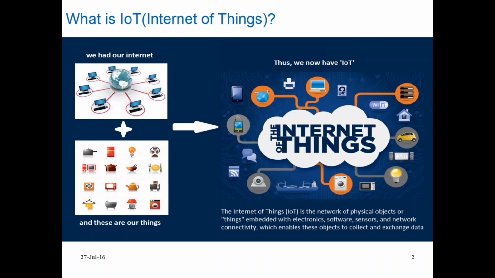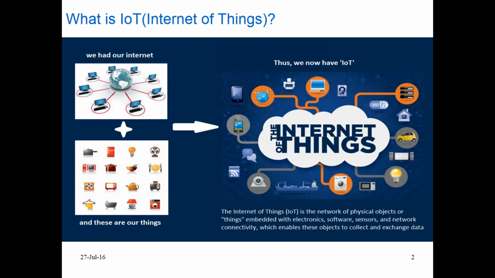And then we had conventional things which we use in our day-to-day activities, like a chair, a table, an electric bulb and an AC. These are our conventional things.